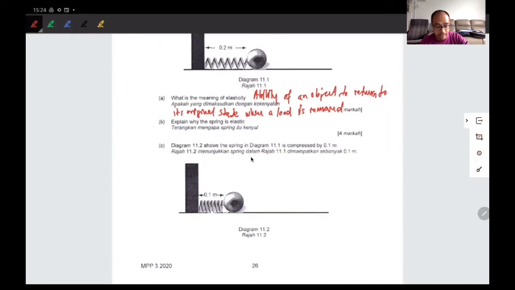Okay, fine. Let's do this. So why the spring is elastic is because we have to talk about this at the molecular level. Okay, so point number 1.